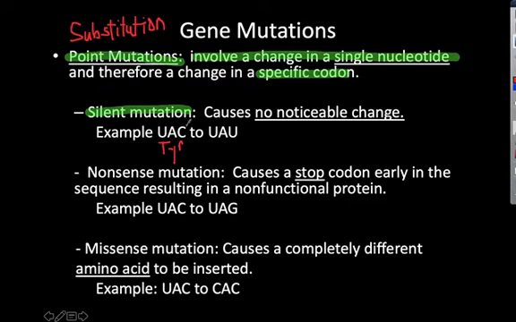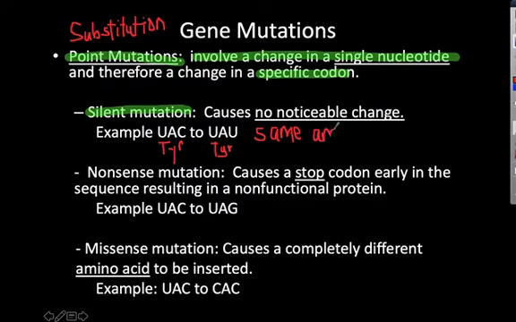Well, if this C mutates to a U and now you have UAU, UAU also codes for tyrosine. So there's no difference. So if they code for the same amino acid, I would write that down. Same amino acid.